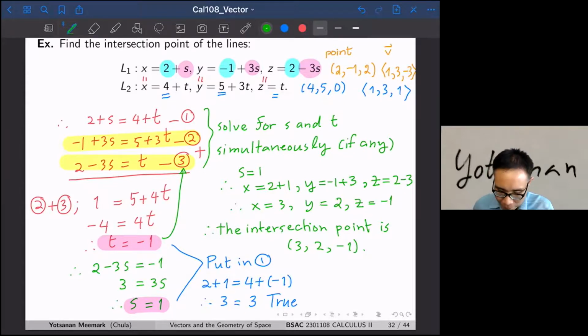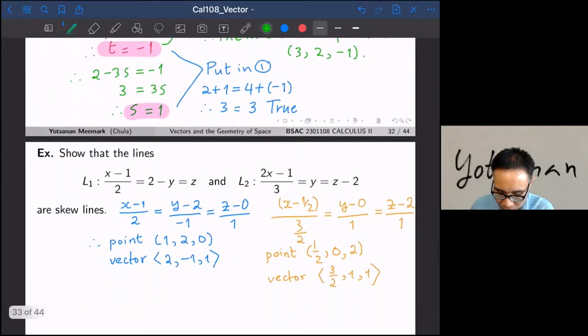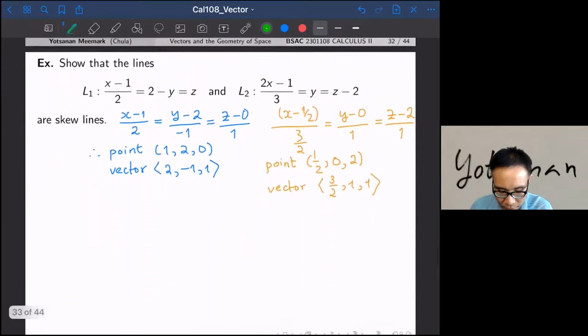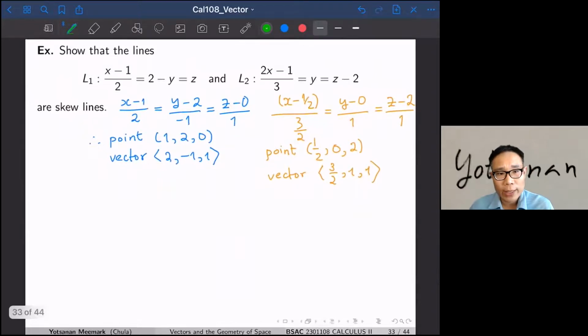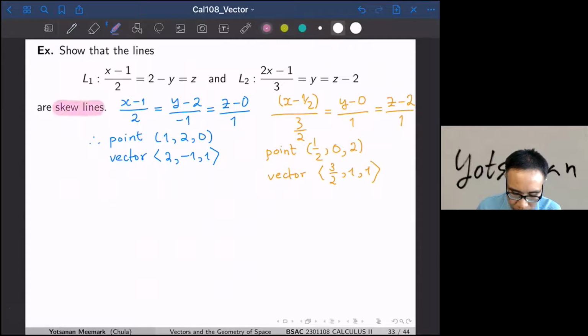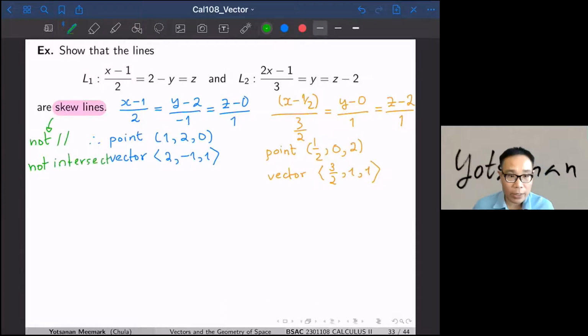Okay, so I will give you one more example. We would like to show that the line (x minus 1)/2 equal to 2 minus y equal to z, and L2 are skew lines. When you want to show skew lines, it means not parallel and not intersecting.